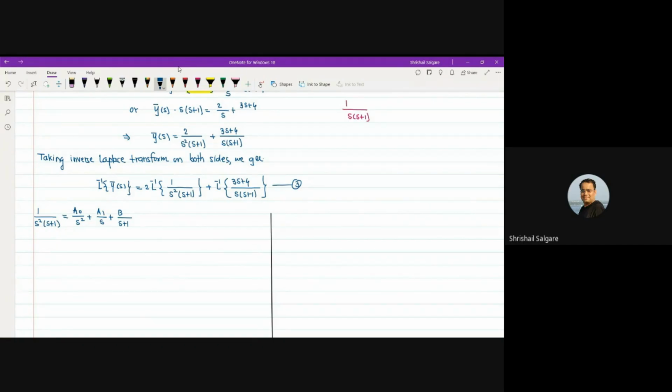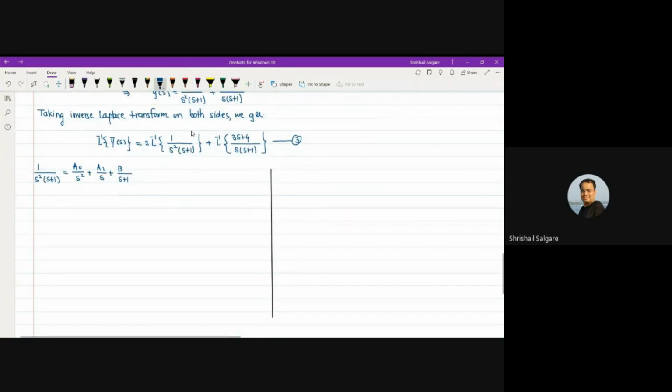Can anyone recall what is the formula for A n minus 1? For your understanding, I will write here. A n minus 1 is given by 1 upon n minus 1 factorial into the n minus 1th derivative of N1 of s, and the value of this function at s is equal to, guess anyone?